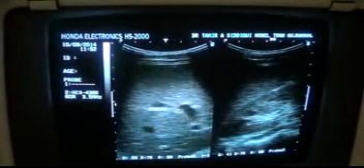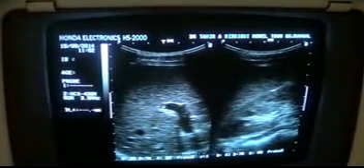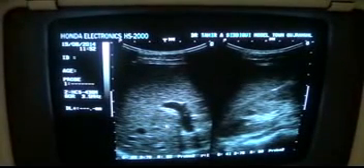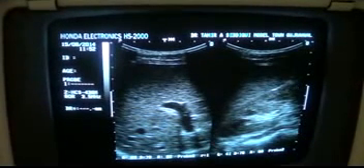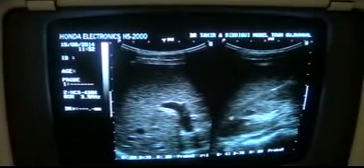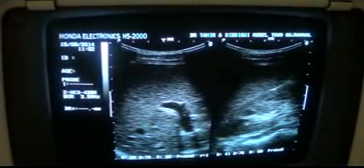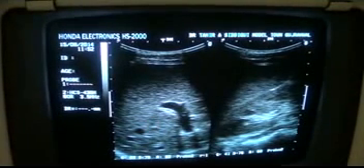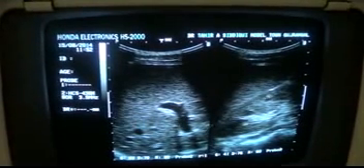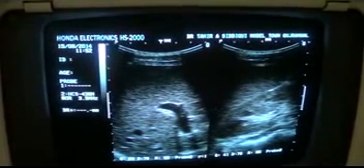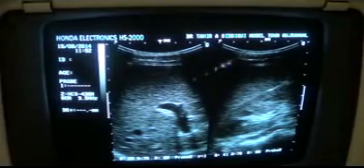Now this is a normal liver with normal parenchymal echogenicity. See that the parenchymal echogenicity of the liver is equal to that of the left kidney's renal parenchyma, this area. So this is normal, that is, either the parenchymal echogenicity of the kidney should be equal to that of the liver, which you are seeing in this case, or the renal parenchymal echogenicity should be less as compared to that of the liver.